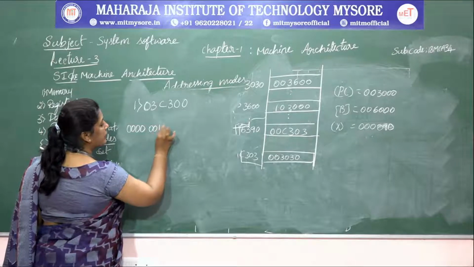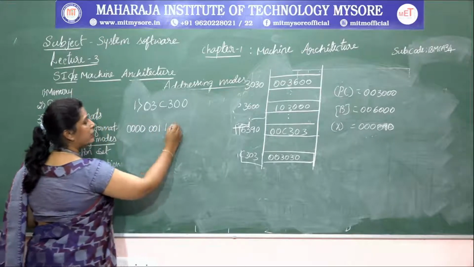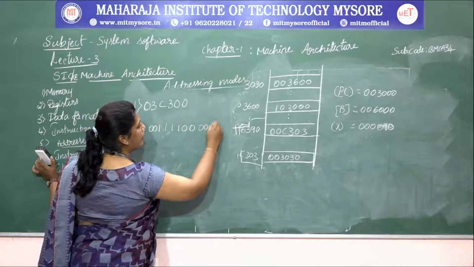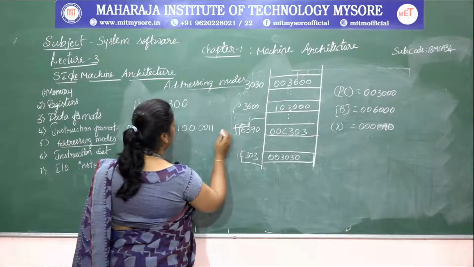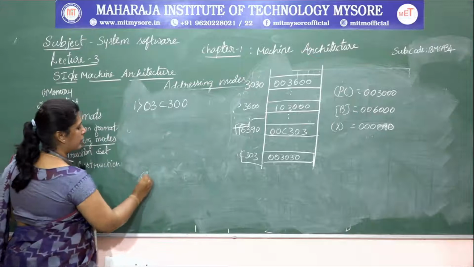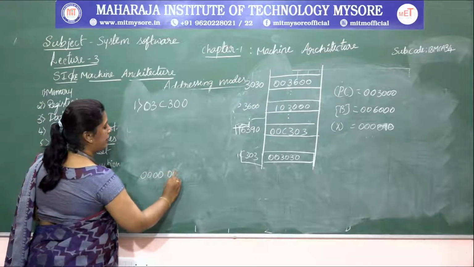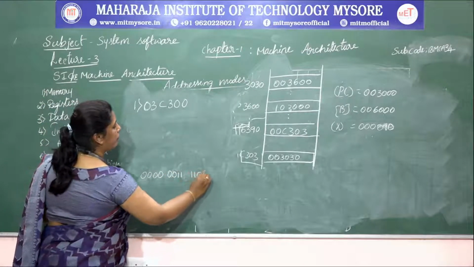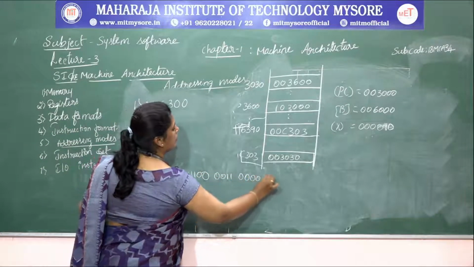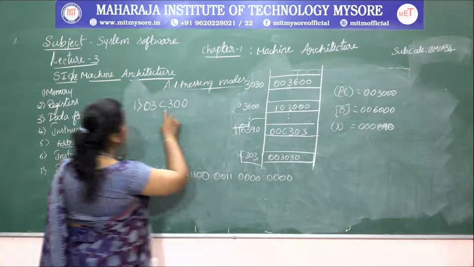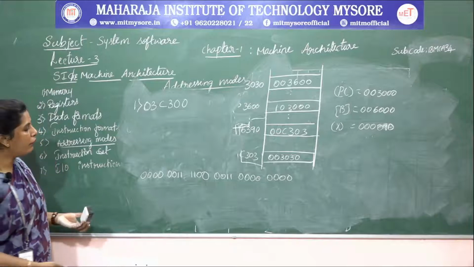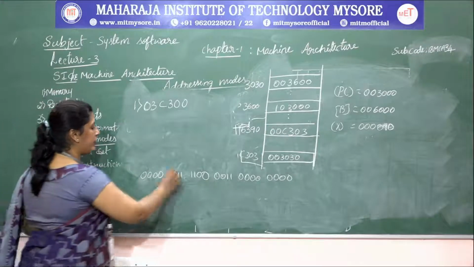So 0, 3, C, which is 12, that is 1100. For 3 it is 0011. So this is 0, 3, 12, 3, 0, 0. As it is in format 3, we should know what kind of addressing mode it is.